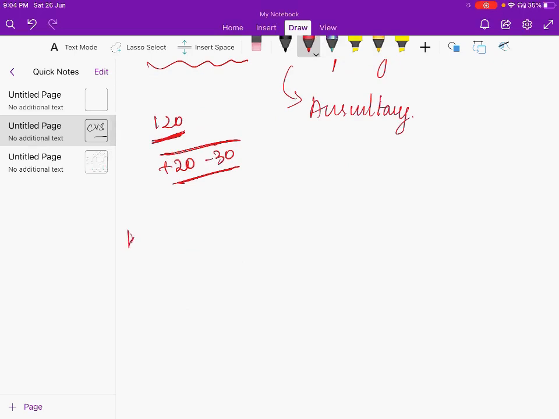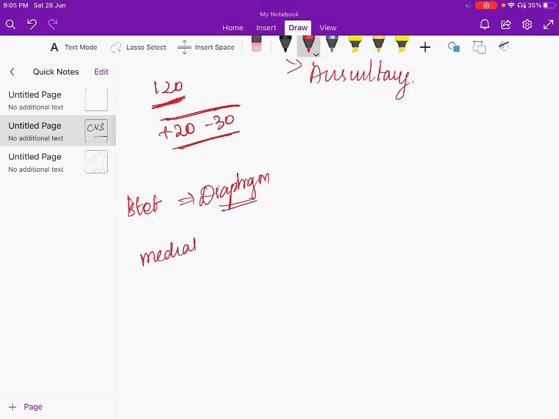In the auscultatory method, you will keep your stethoscope diaphragm over the middle part of the cubital fossa, where your brachial artery is, and you will slowly deflate.